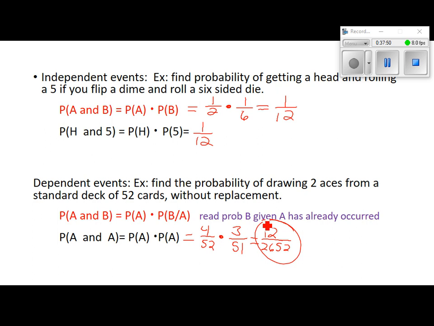Again, on your calculator, if you're going to reduce something, you can type it in and see if your calculator will do this, because some of them won't. 12, ABC button, 2652, then hit equals. Some of them will say error. 1 out of what? 221. So that's what it reduces to. Some of them say error because this bottom number doesn't like big numbers.